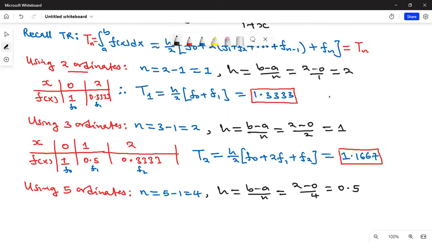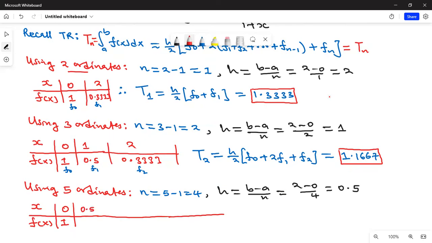Let's come up with a table of x versus f of x. So right here x, f of x. So again, you prepare that table. We start from 0. When x is 0, our value is 1 for f of 0. Our step size is now 0.5, so we add 0.5, that will give us 0.5.